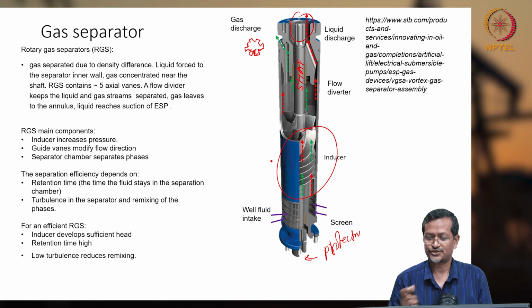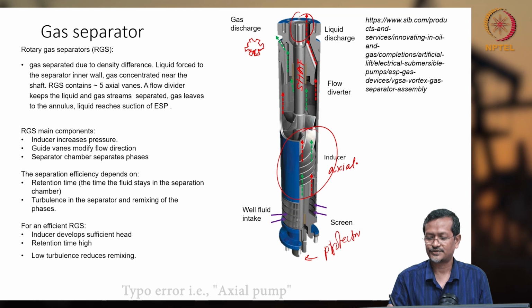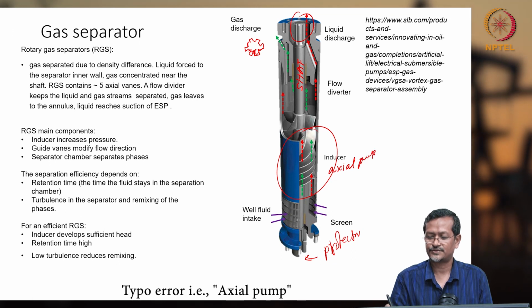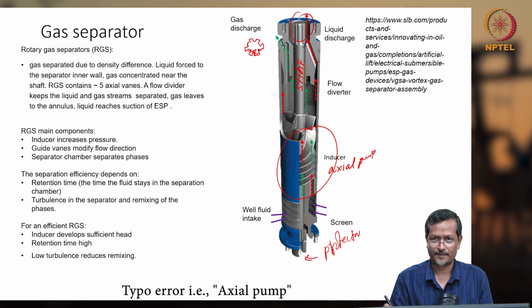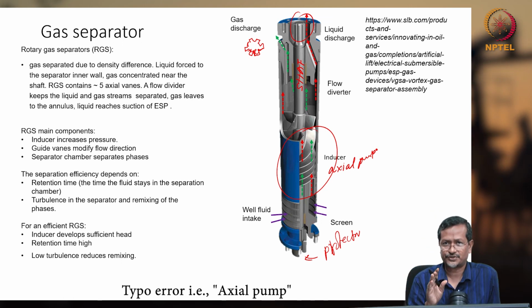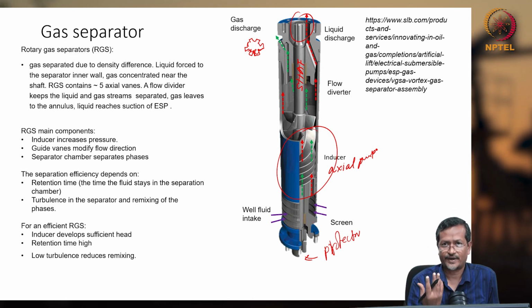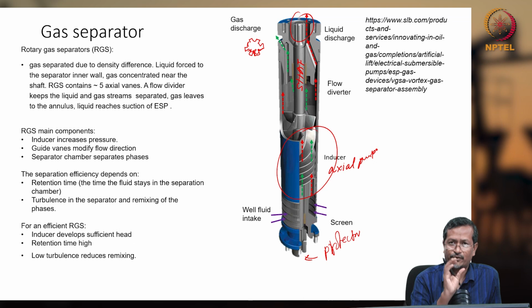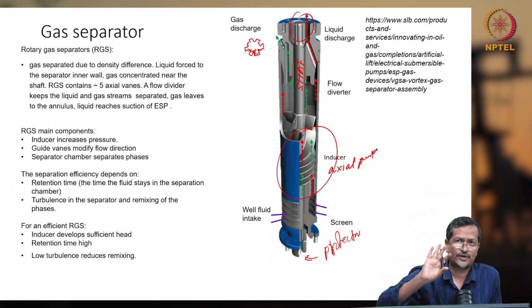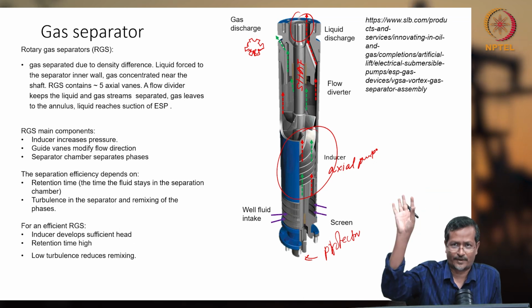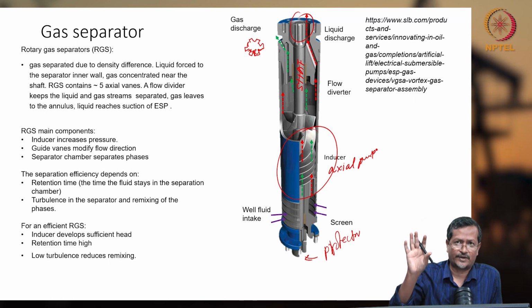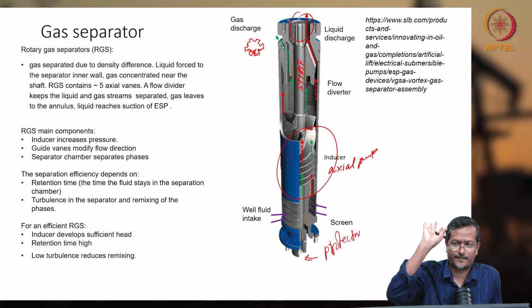You will use one axial pump. The inducer is actually an axial pump. It will give a certain amount of pressure and a very high flow rate, and it will be assisting the main pump. It is not giving actual head to anyone; it is a helper only, helping the main pump.